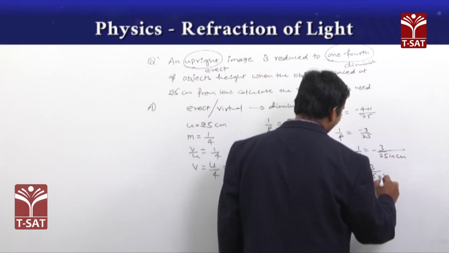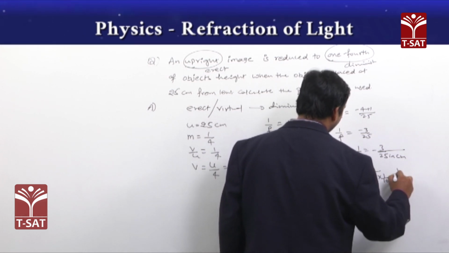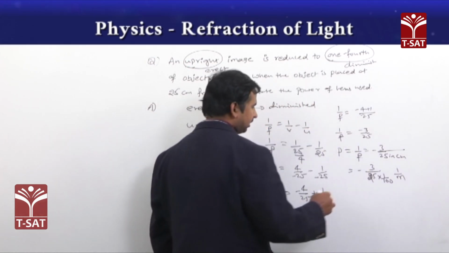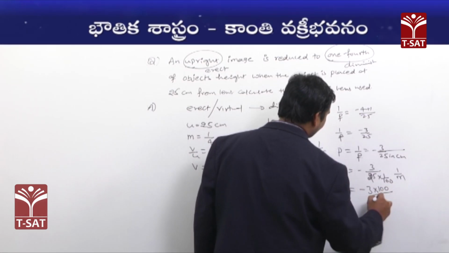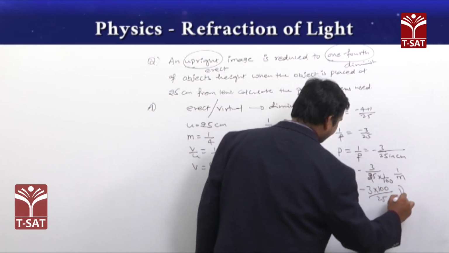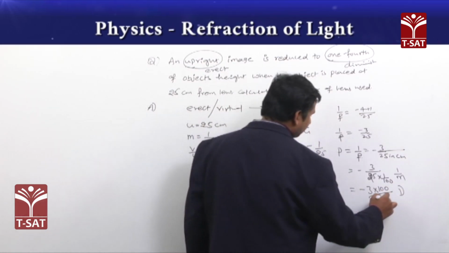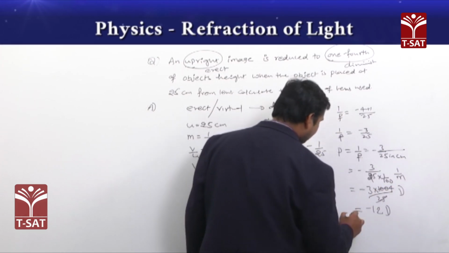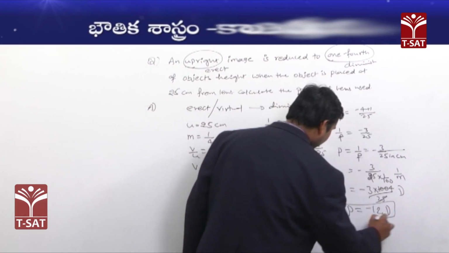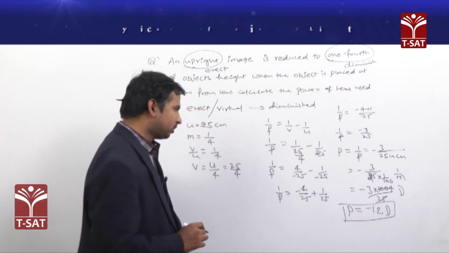So 25 into 1/100, then it becomes 1/meter. Then minus 3 of that, 100 comes to the numerator, by 25 diopters. Then the power of the lens P is equal to minus 12 diopters.